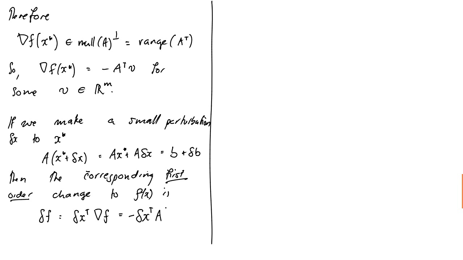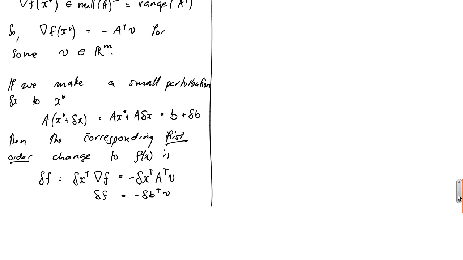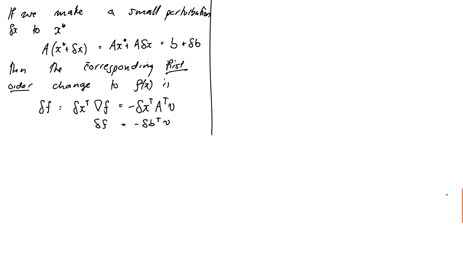Okay, but we know that A delta x is just equal to delta b. So I'll write delta f again. Delta f equals negative delta b transpose nu. So you can think of this in a slightly different way.